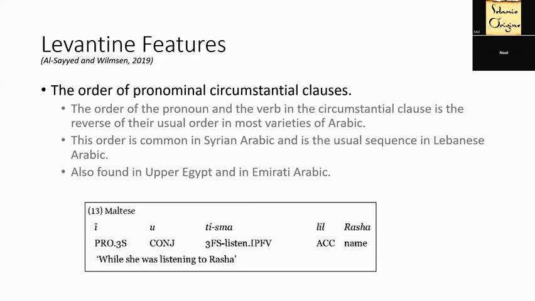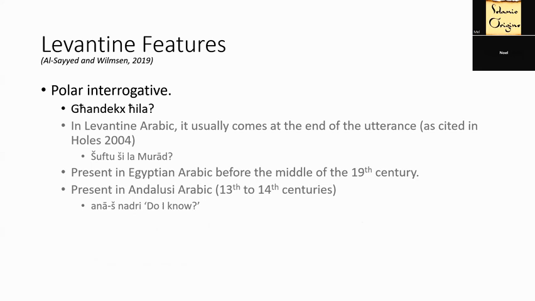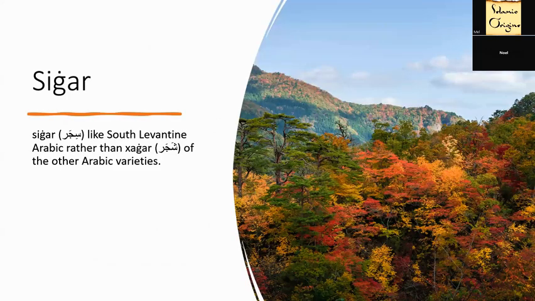The other features are like the order of the pronominal circumstantial clauses and the polar interrogative. There is also a curiosity in that we say Sijar like the South Levantine and not Shajar like the rest of the Arabic varieties.